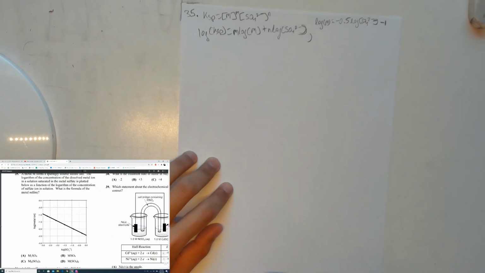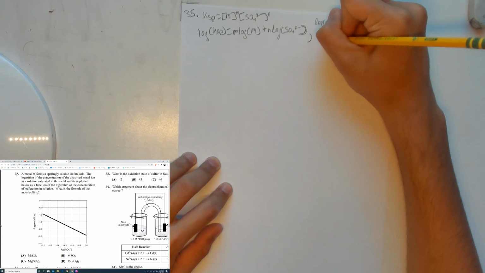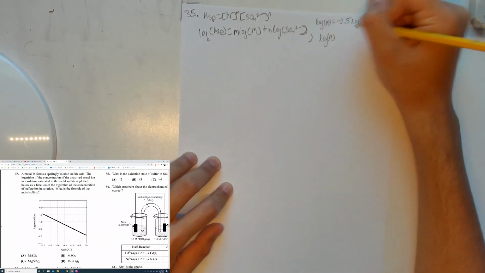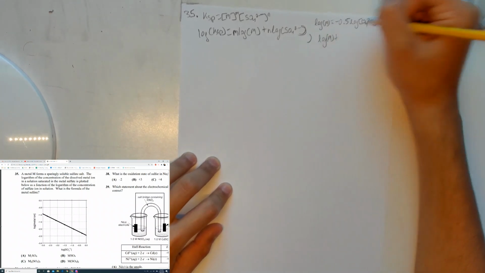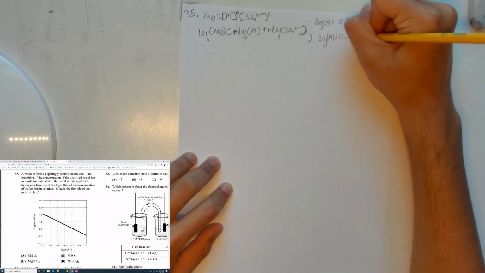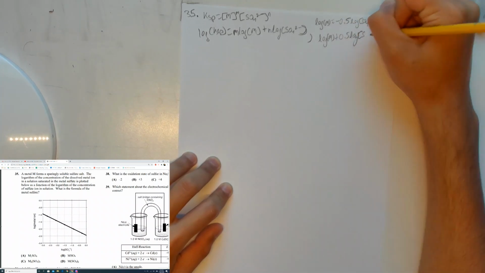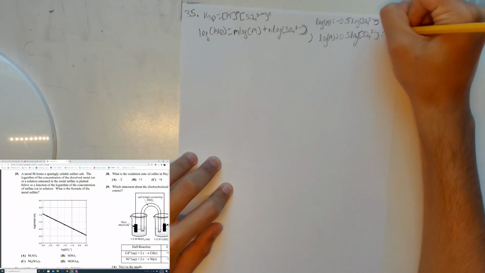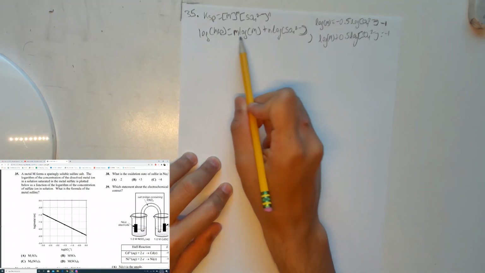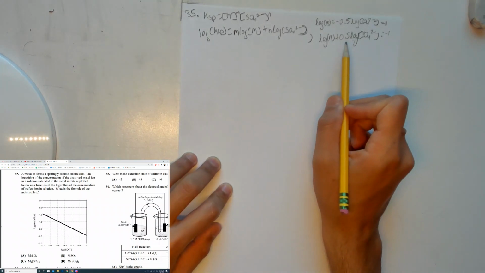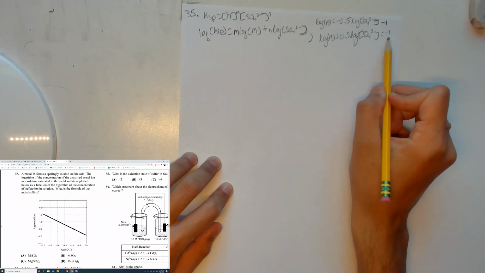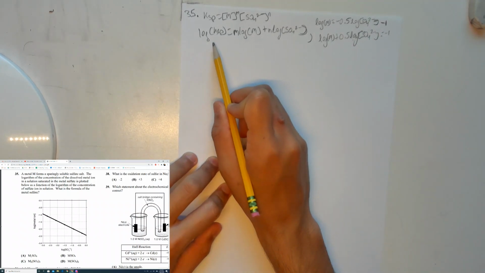Now, if I isolate -1 to the side, log of m plus 0.5 log of SO24, I found out that this will equal to this, right? And this will imply that the log of KSP is that.